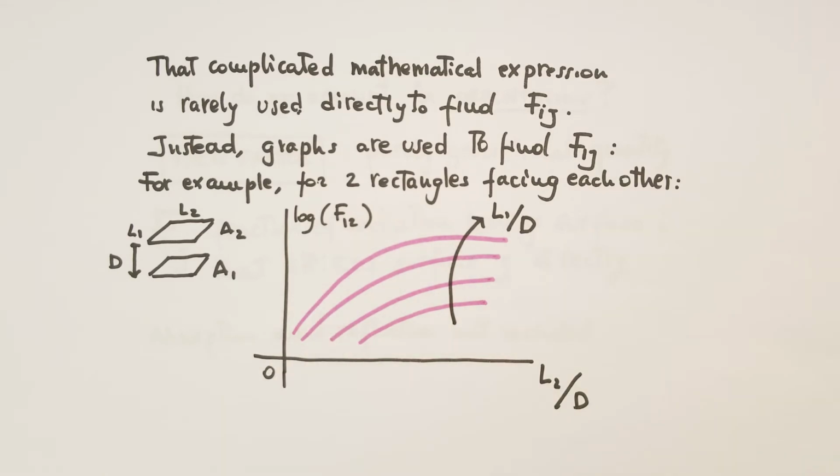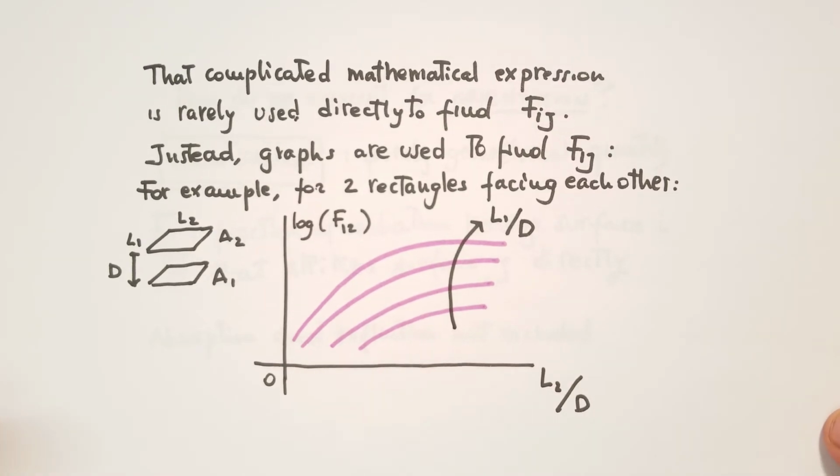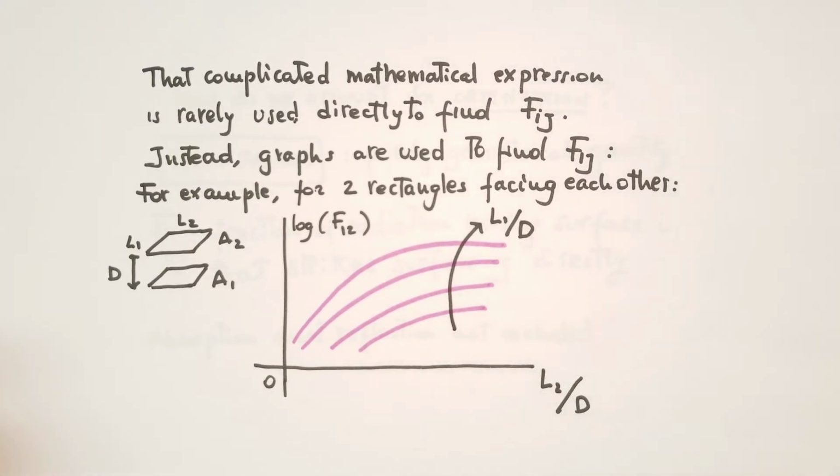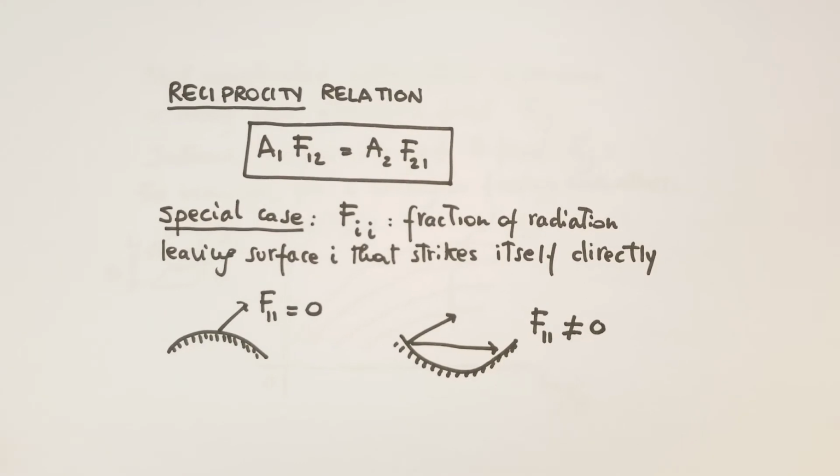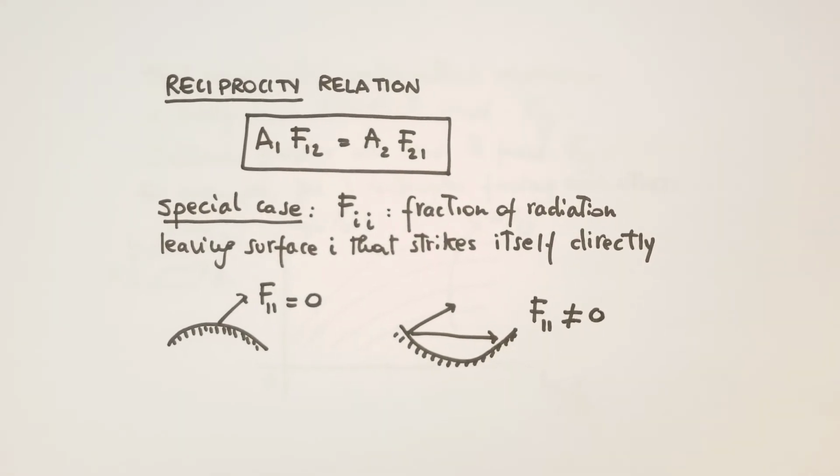What's interesting about view factors is that we have a few rules that we can use to find view factors in more complicated geometries. One important relation is called the reciprocity relation.